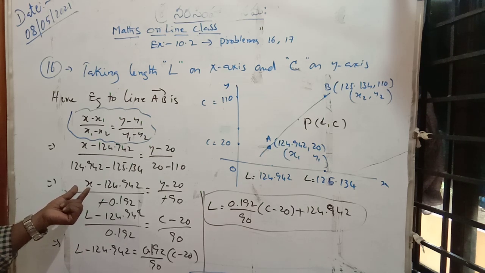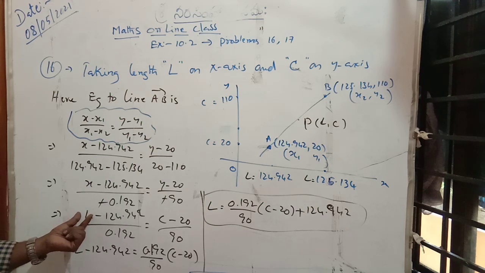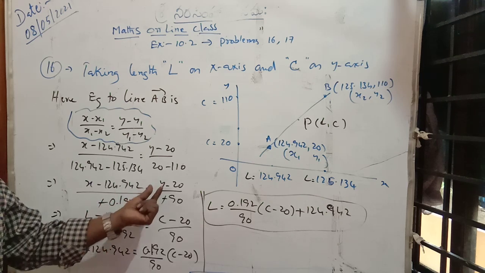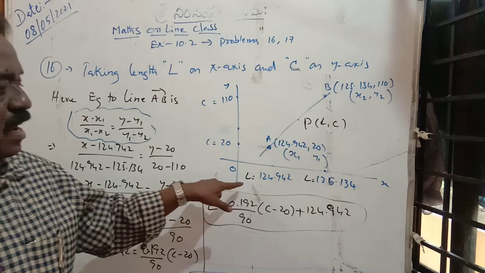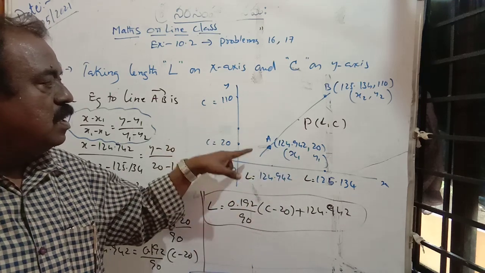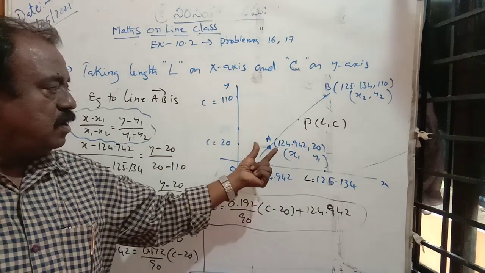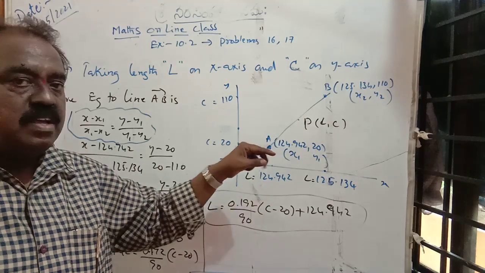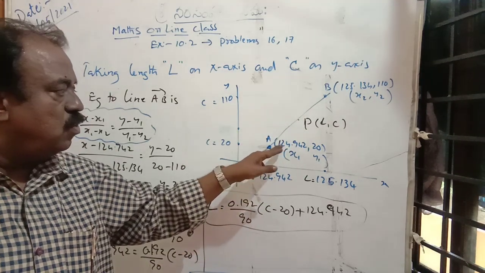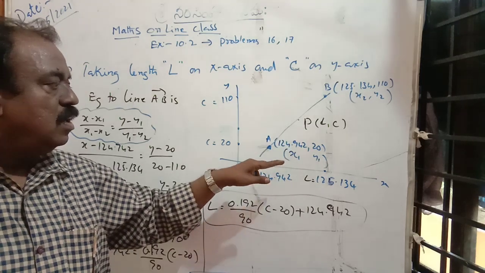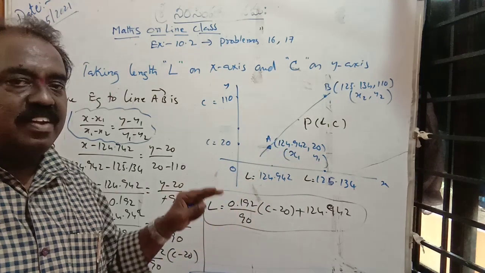You may get some doubt: suddenly x becomes L, y becomes capital C. How? It is L, it is C. It is an experiment. Two cases are there, A and B. The general point is L comma C. Here L is 124.942, here y1 is 20.